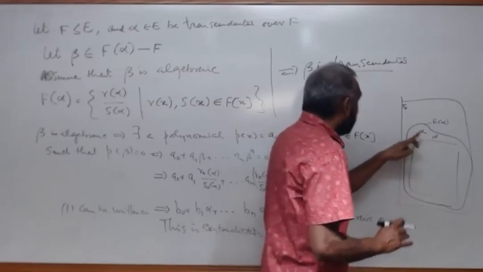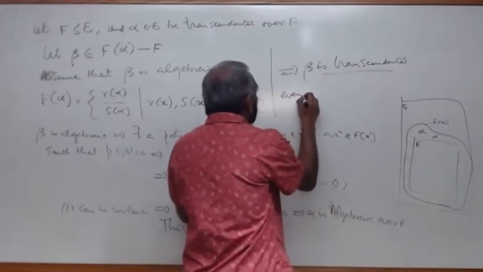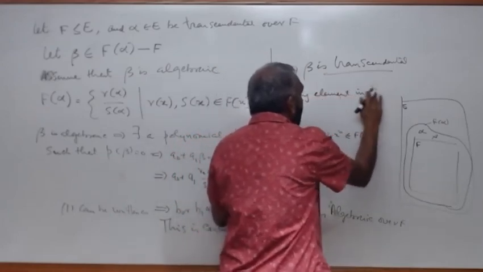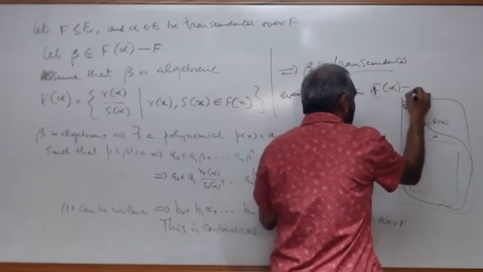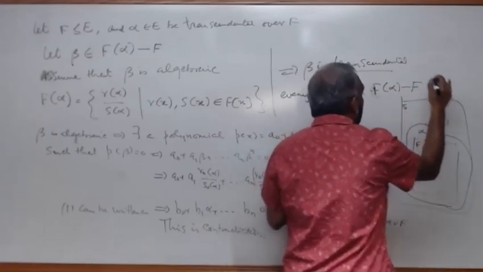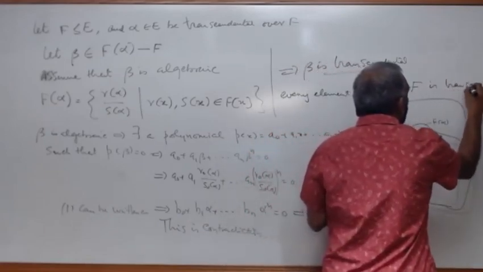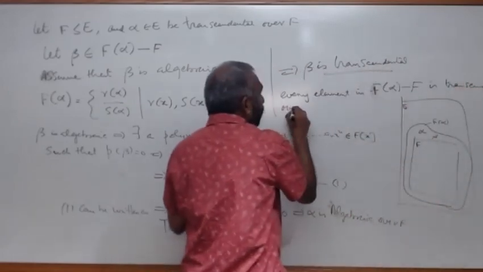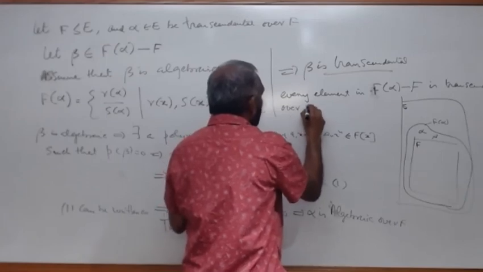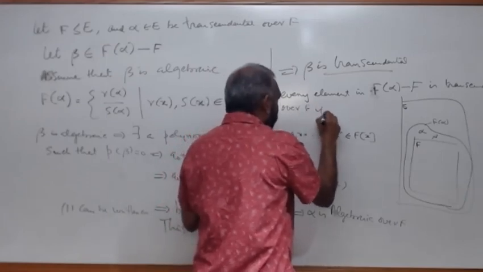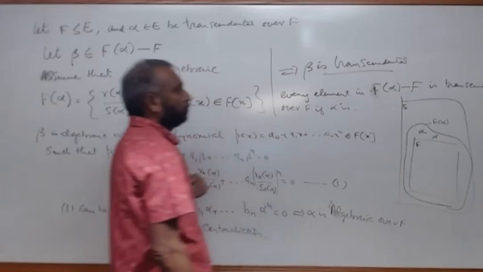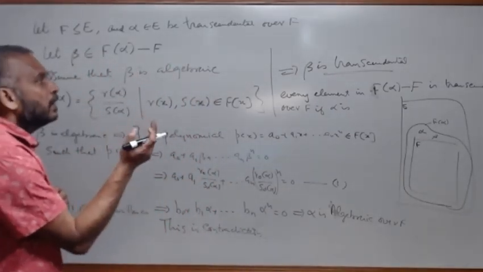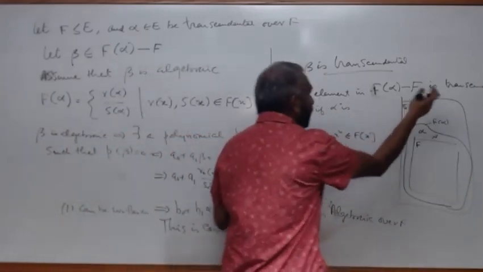Every element in F of alpha minus F is transcendental over F if alpha is. If alpha is transcendental, every element in F of alpha minus F is also transcendental.